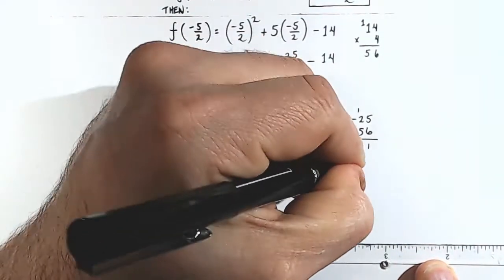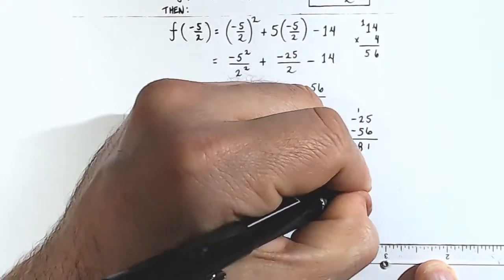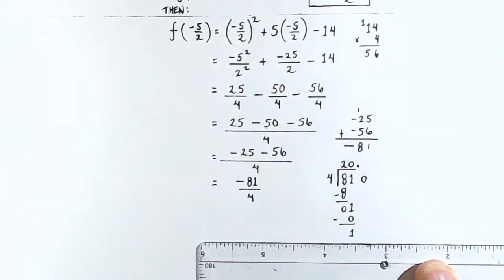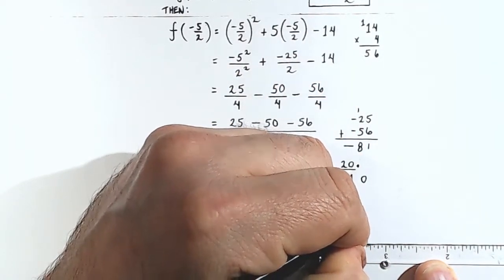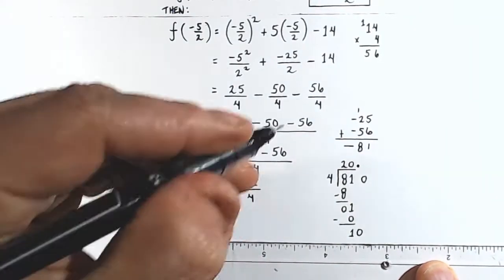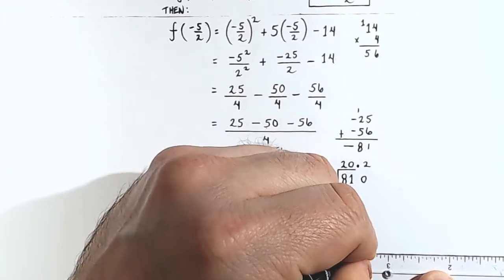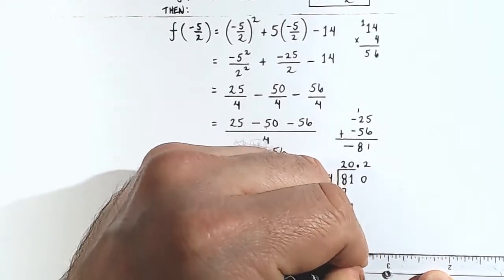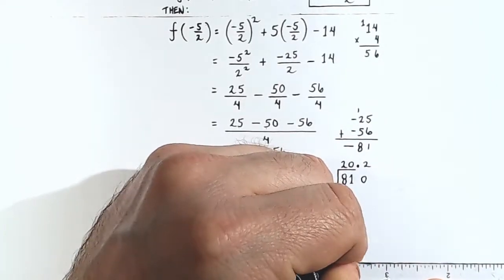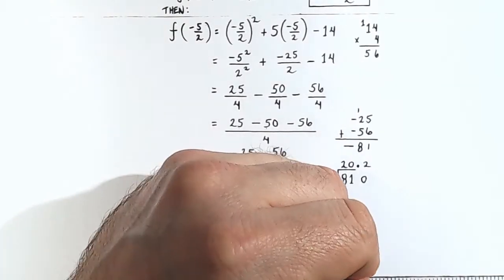And now I'll have to put a decimal point and bring down another 0. Like that. So now I'm looking at 10. 4 goes into 10 2 times. 2 times 4 is 8. 10 minus 8 is 2.